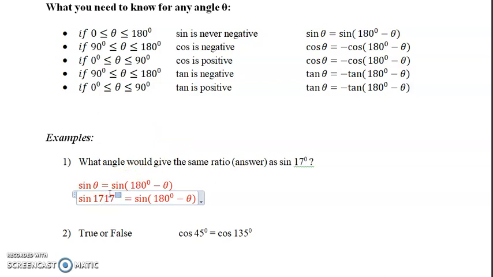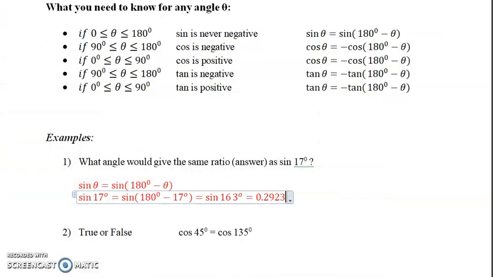Degrees is equal to the sine of 180 minus 17 degrees, which is equal to the sine of 163 degrees, which is equal to, well, we just did it on our calculator, 0.29237, and so on.